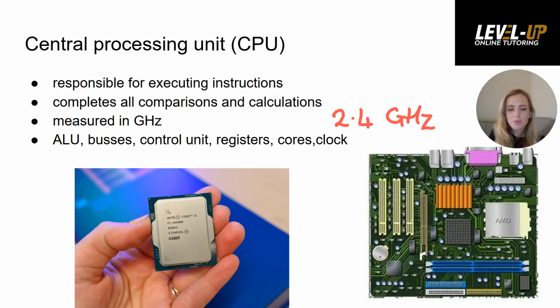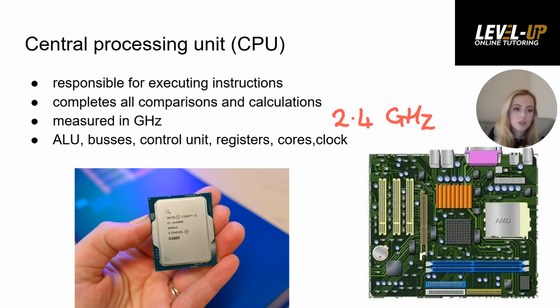Normally when you look at the inside of a computer, you tend to see there's a fan on top of the CPU, and that is because it is doing so many calculations, it does get hot, and we want to cool our CPU down. Okay, and there are 6 main parts to the CPU.